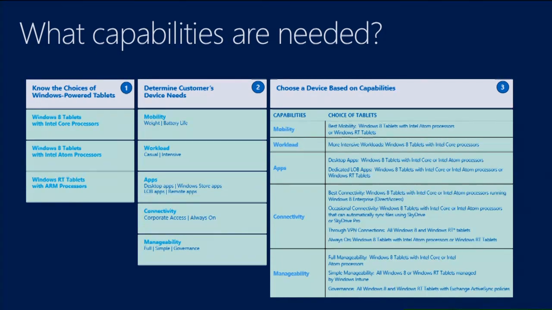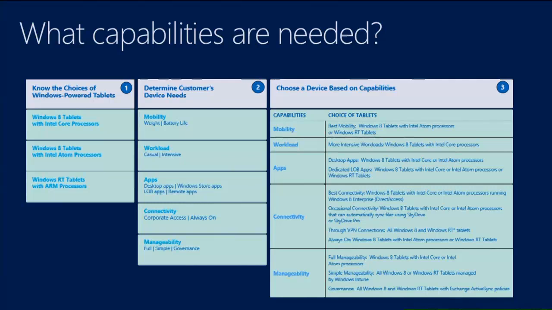So you kind of go through this matrix, and as a result, you'll find some scenarios where Windows RT devices work well, some scenarios where Windows 8 devices would work better. You shouldn't expect one size fits all. You need to look at each of the different device types and pick based on the scenario that you're looking at.